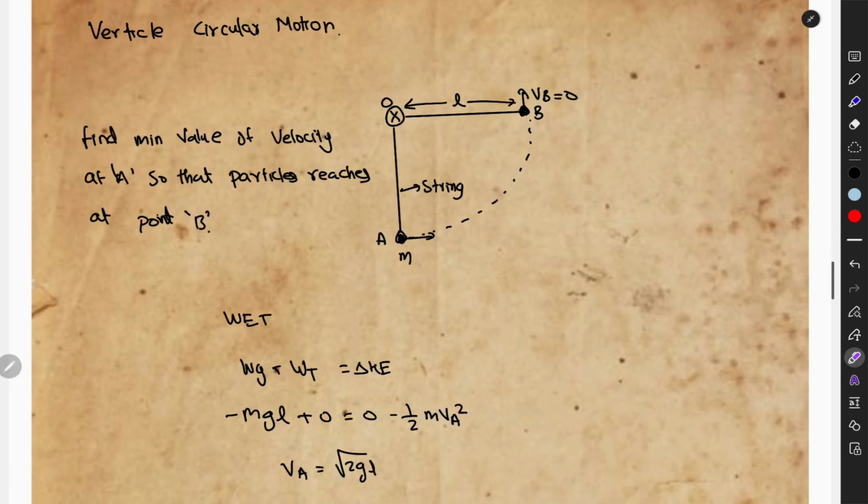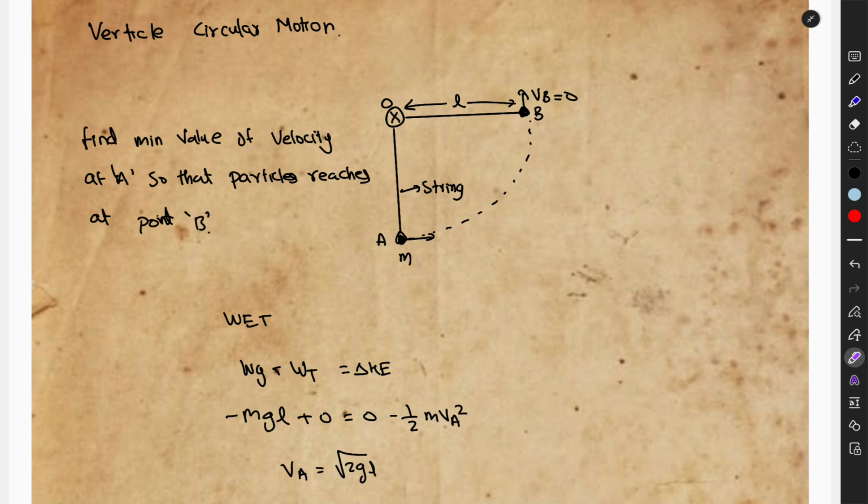Next concept, I think we have overdosed all the questions. These are all possible questions. No other than this can come in your JEE Mains. JEE Advanced is a different type of thing, where you can never expect what type of questions will come. Next thing is vertical circular motion, which we will see in the next lecture.